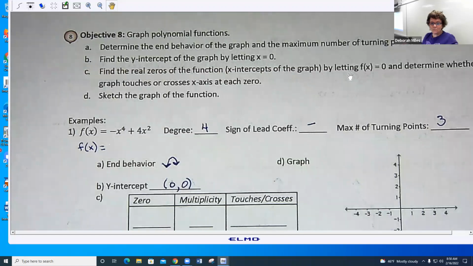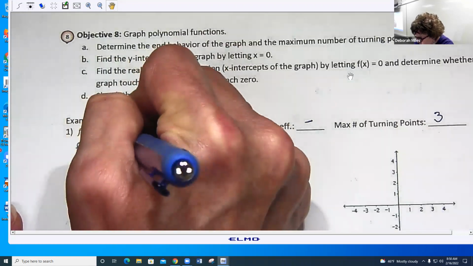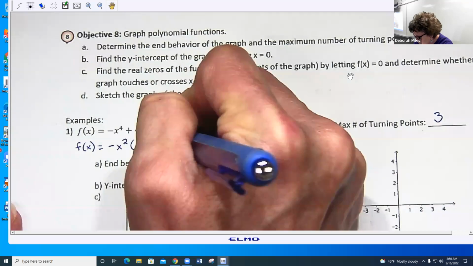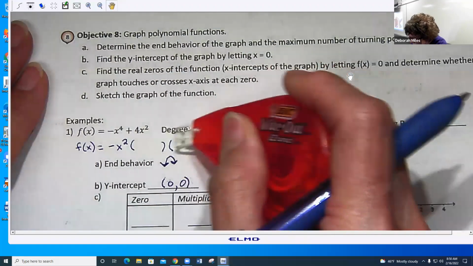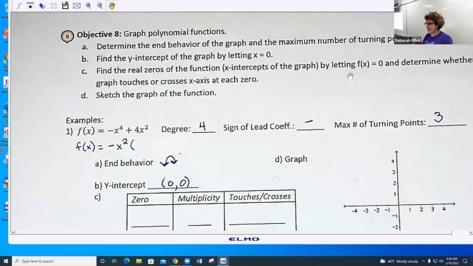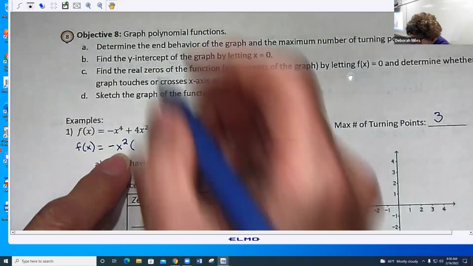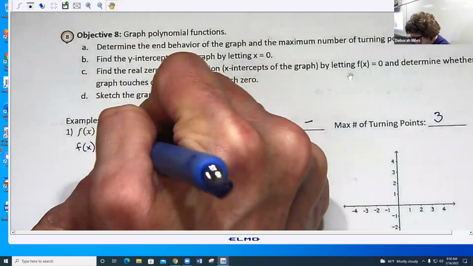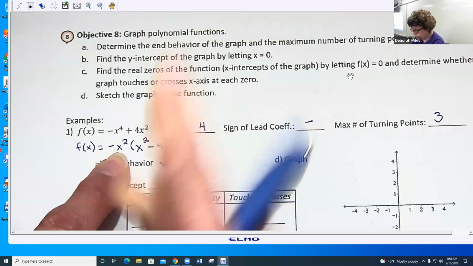You can either take out a positive x squared or a negative x squared. It doesn't matter. I usually factor out a negative. I'm factoring out a negative x squared, and that would leave me a positive x squared minus 4.